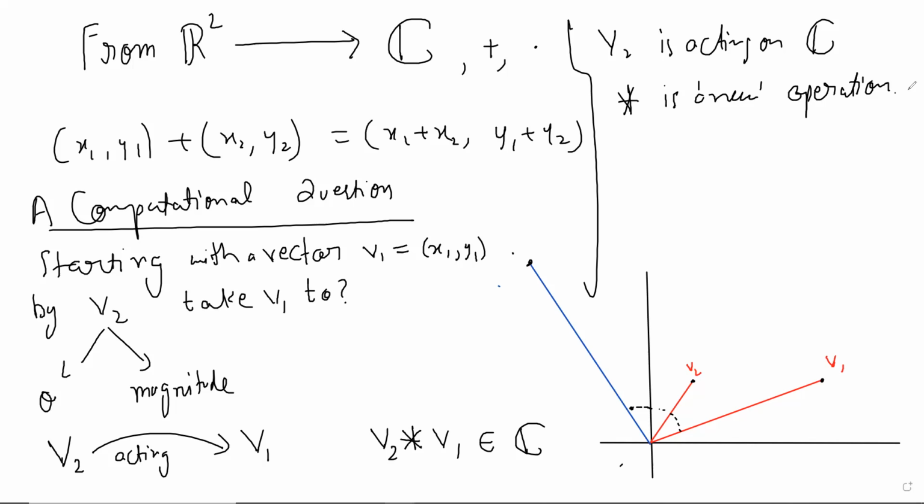So we have some sort of a product on R2, and this is not an inner product, but what is also known as a bilinear form, because this product will be bilinear in the sense that it will be distributive.